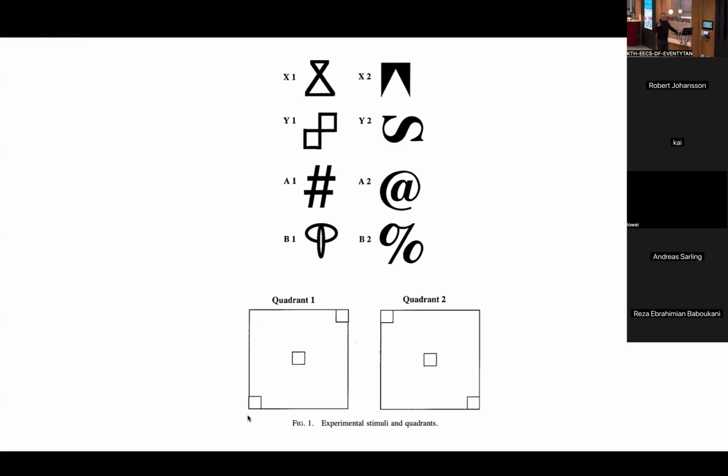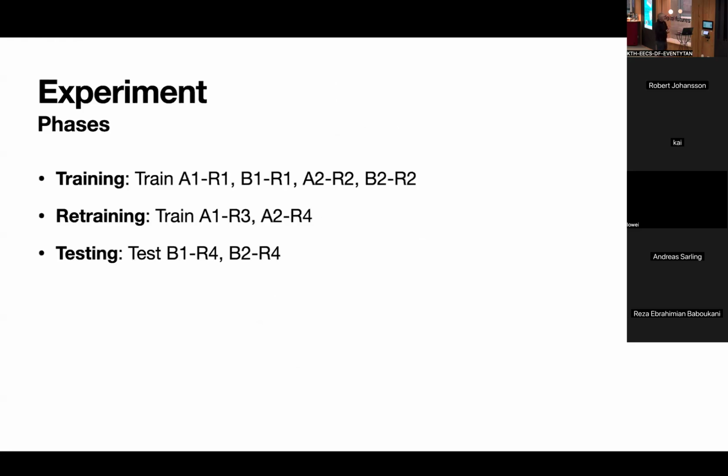Then the question is, is there a functional equivalence derived between these symbols, because it's the same operation of putting it in the top right corner or putting it in the bottom left corner? So here's how it can be described in a more abstract way. With symbol A1, we trained response 1.